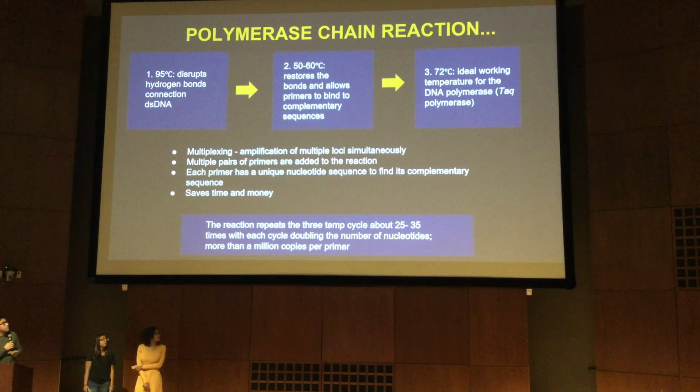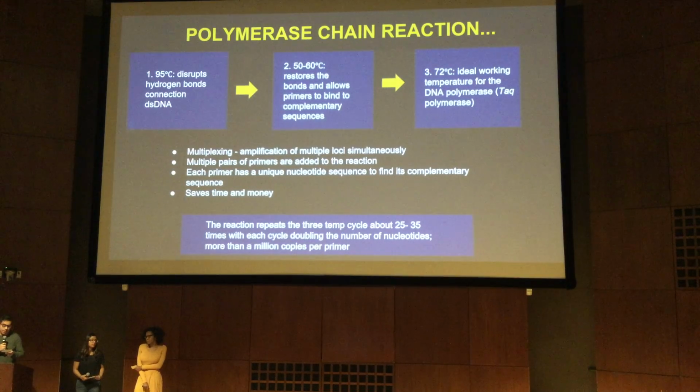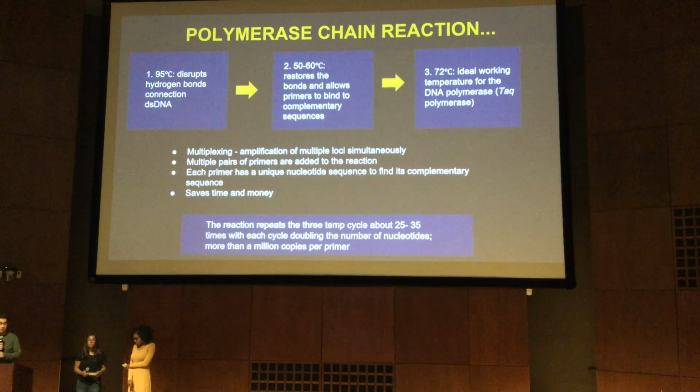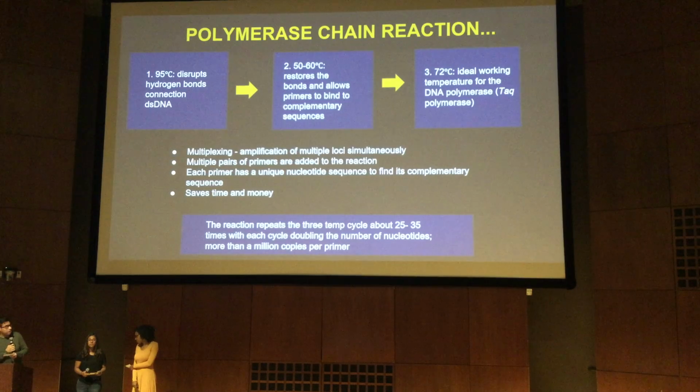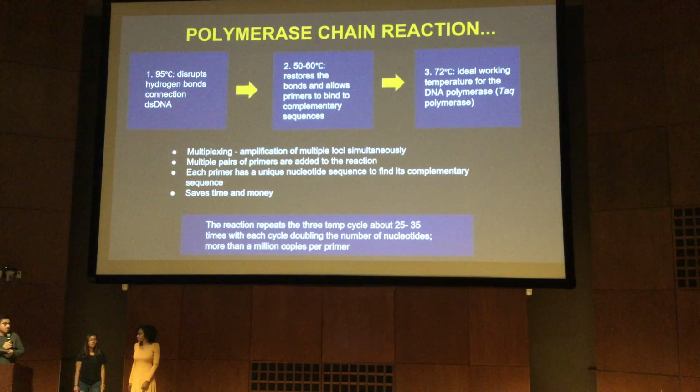In annealing, at 50 to 60 degrees Celsius, primers attach to a specific location on the DNA template, and in extending at about 72 degrees Celsius, Taq polymerase binds to each PCR primer and begins adding nucleotides. This process is repeated about 25 to 35 times, so that each cycle doubles the number of nucleotides, and it could go up to more than 1 million, a lot of millions.